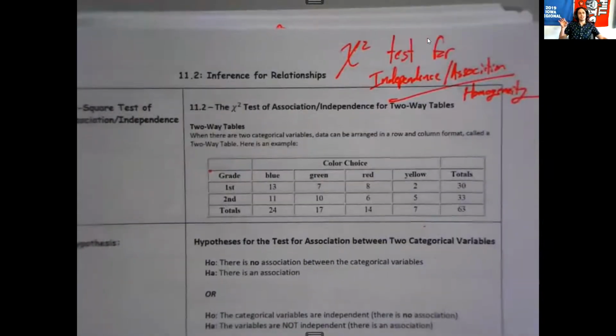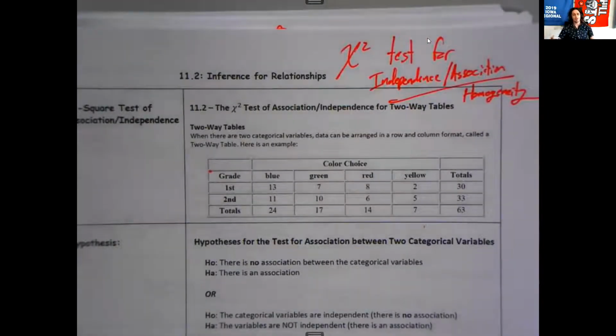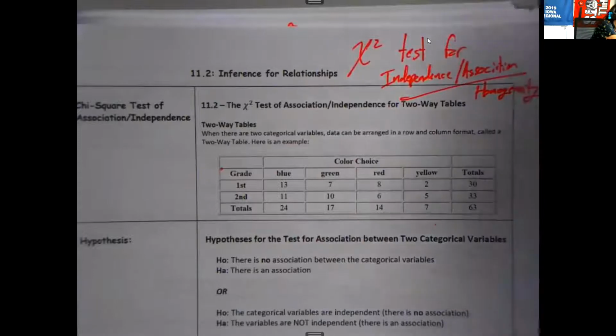So this is the stuff that you've seen in Bio 2 or AP Bio if you've done it. Are these two traits linked? Or are they not? So you've done this in AP Biology, looking for the links between traits. We're here looking at independence or association between variables.